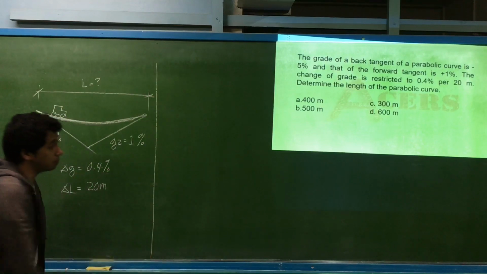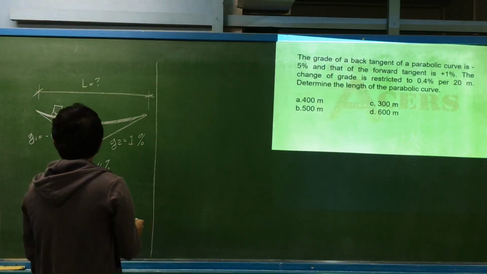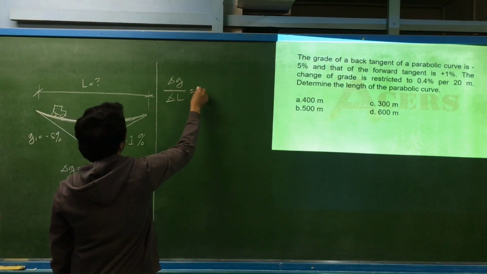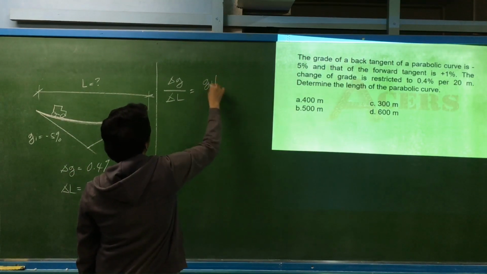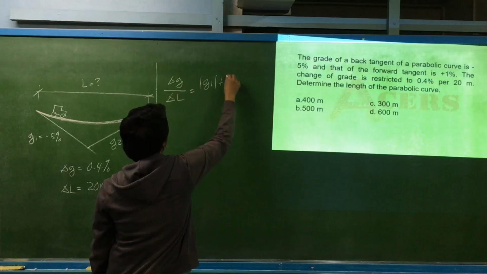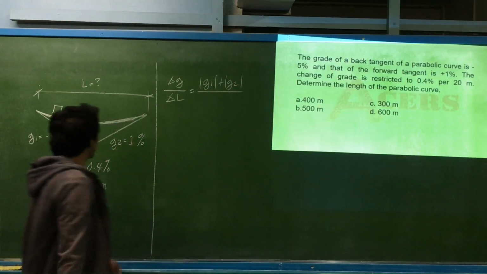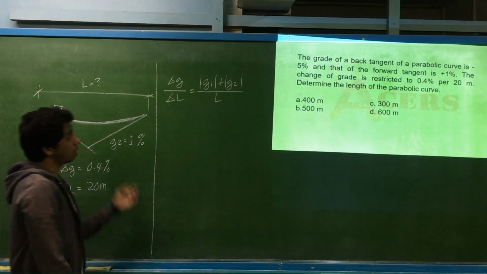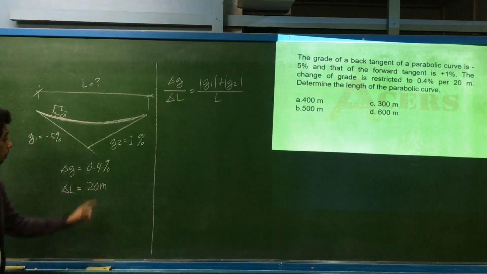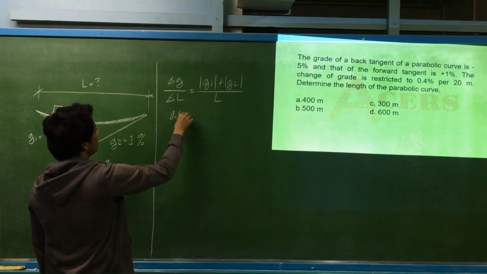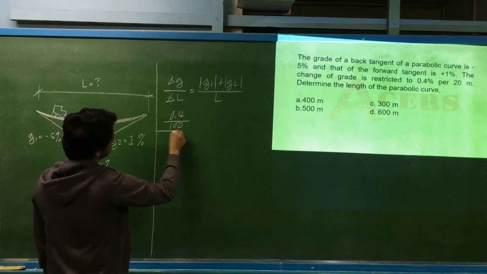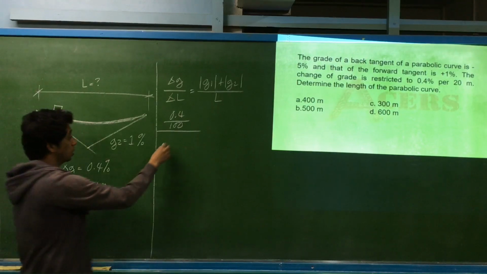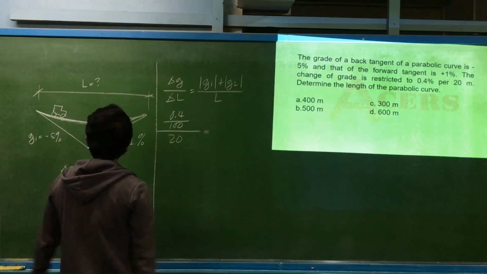So we can have it simply by ratio and proportion lang tayo. So this is, we have the change in grade corresponds to the change in length is equal to, this is the same as the absolute value of G1 plus the absolute value of G sub 2, that is the change in actual grade from back tangent to forward tangent, which corresponds to the total length of the curve. So you have this is 0.4%, that is 0.4% divided by 100. This is divided by, what is the change in length? The 0.4% every 20 meters. So this is over 20 is equal to the absolute value.